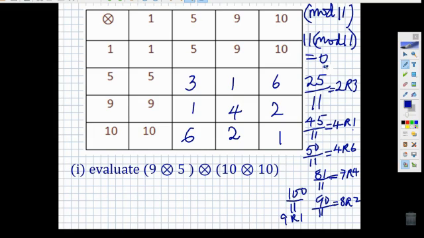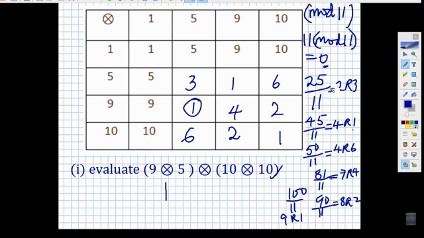To solve the question that follows, we evaluate 9 modular multiplication of the modular addition of 5 and 10. We are to use the table to evaluate this. We go to the table and see 9 modular multiplication 5 gives us 1.